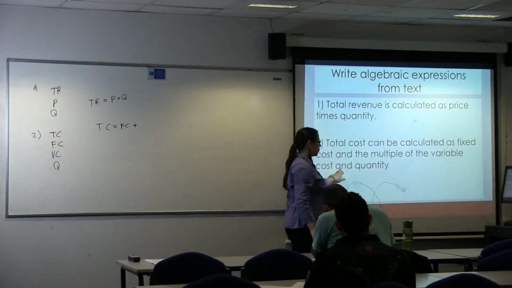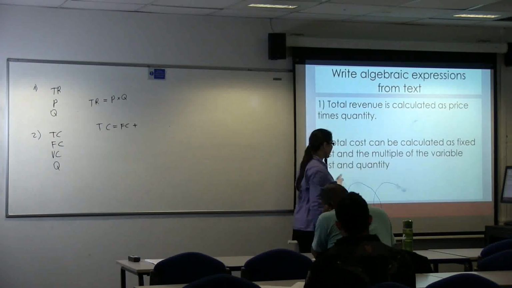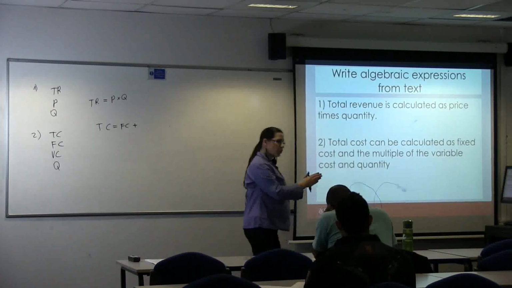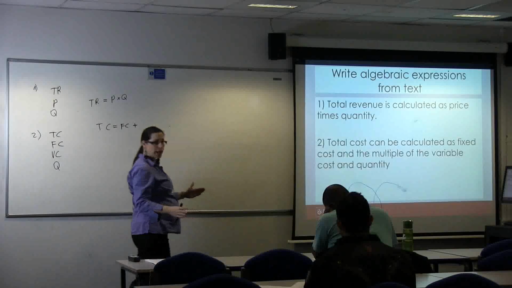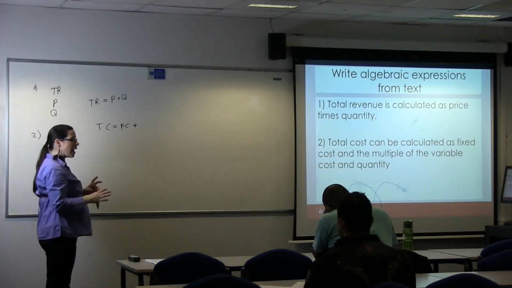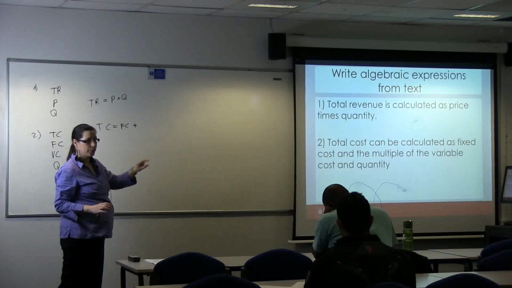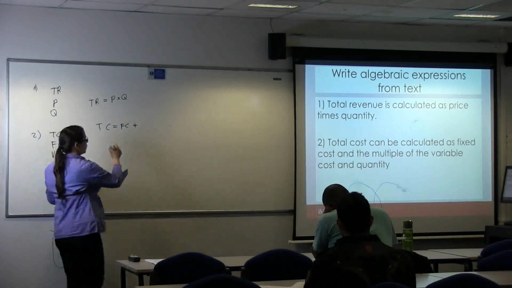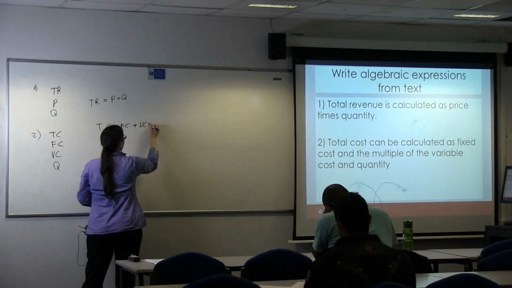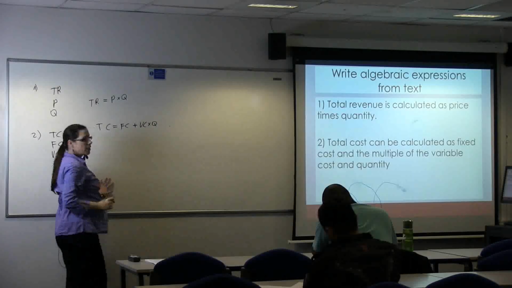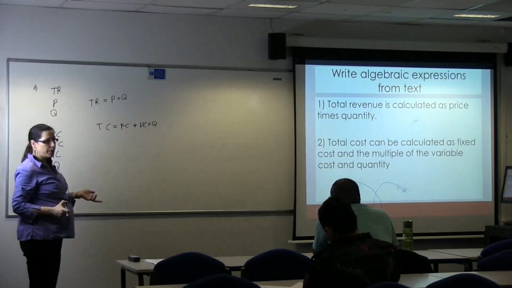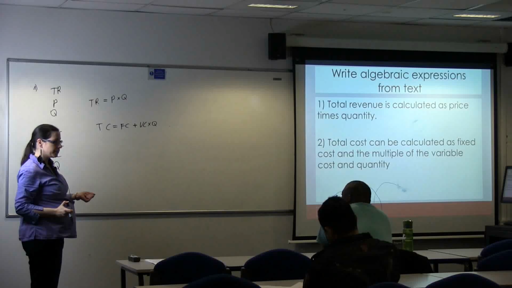So this "and" here is linking together the two quantities that you need to multiply together. So that is not addition there, because that's part of the multiple of expression. So the multiple of the variable cost and the quantity. That's basically, you have to multiply the variable cost and the quantity together.